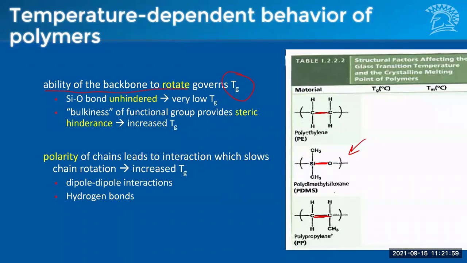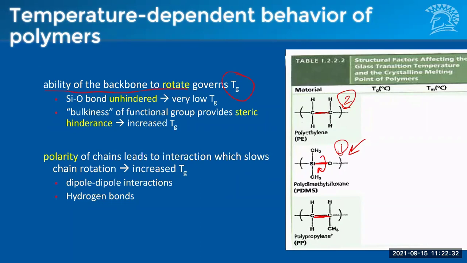Why is that the case? How did I know that? Well, there are no other atoms connected to this oxygen here. So there's no bulk to interfere with rotation around this silicon-oxygen bond. So the next highest glass transition temperature would probably be polyethylene here, because we do have hydrogens bonded to these carbons, but hydrogen is the smallest atom that you can have.